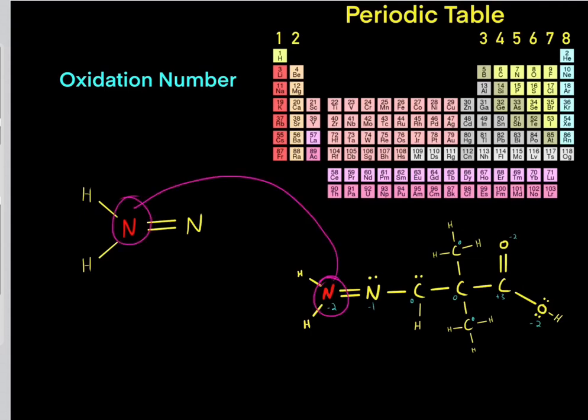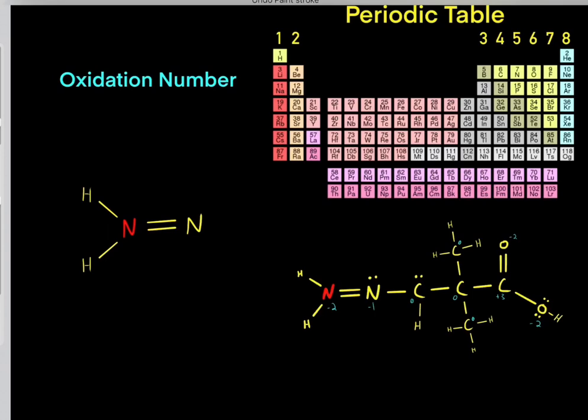For example, what is the oxidation number of this particular nitrogen? Well, let's analyze this particular nitrogen. We see this particular nitrogen has a tug-of-war battle with this hydrogen, and it has two tug-of-war battles with this nitrogen. So we can see, due to the electronegativity trends in the periodic table, nitrogen is more electronegative than hydrogen.